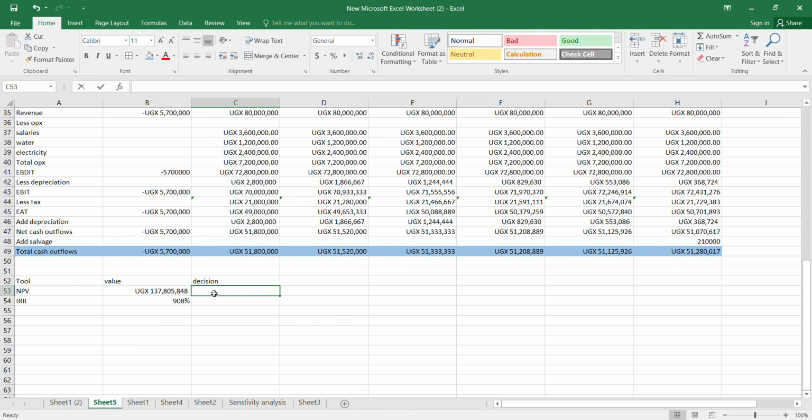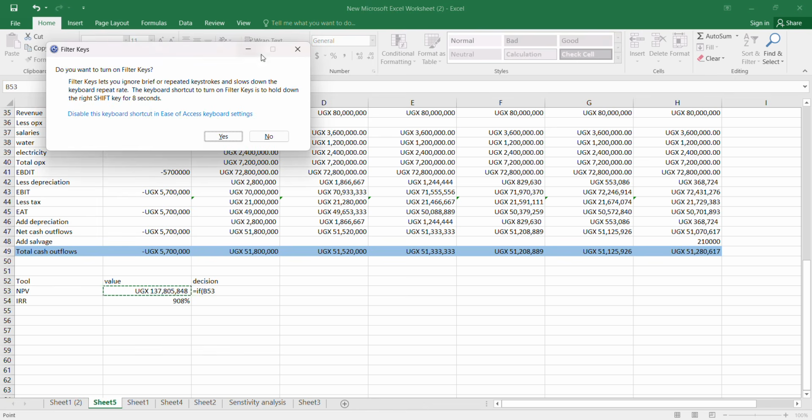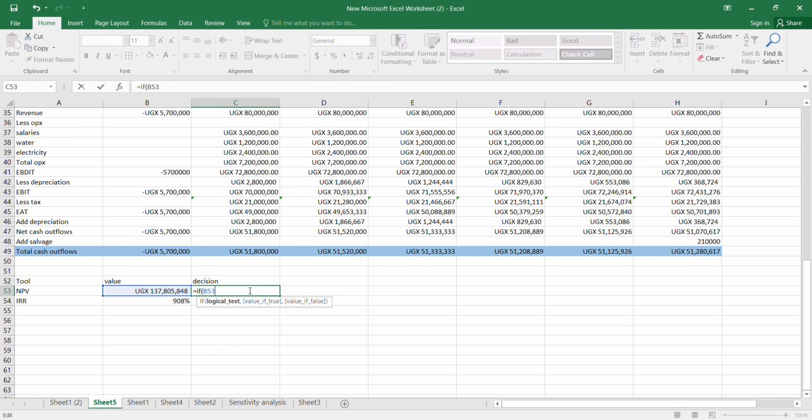So for the decision, it's all about using the if statement. We shall say equals if, you open brackets, you put in your logical test. Let's say this column is greater than this column, as they provide in the question.